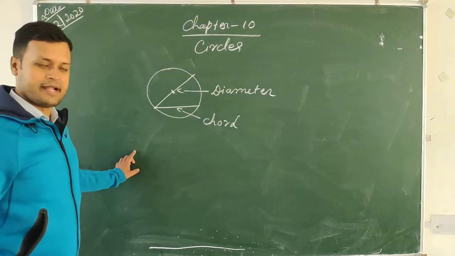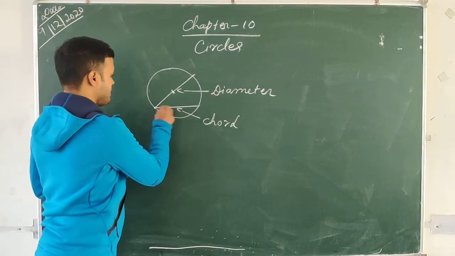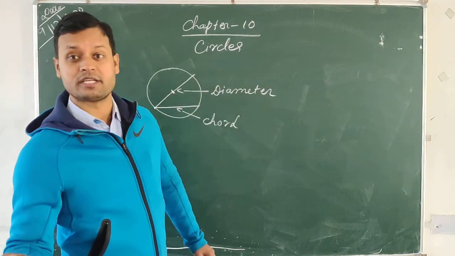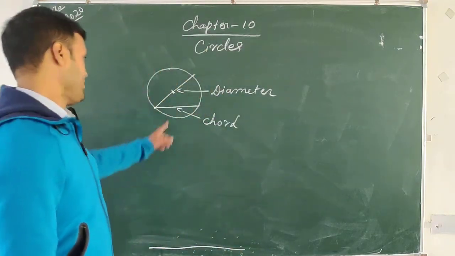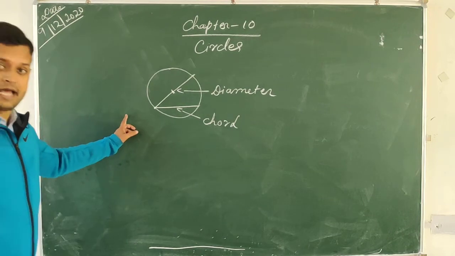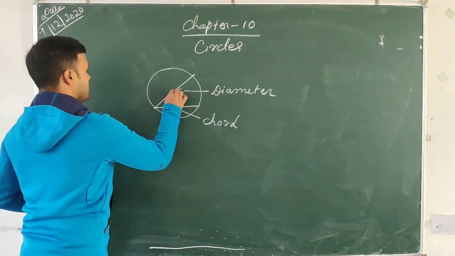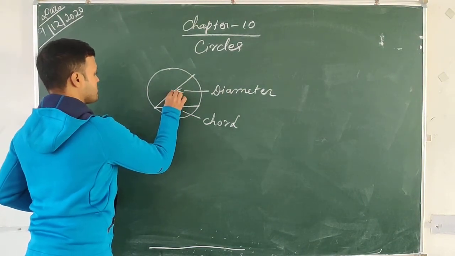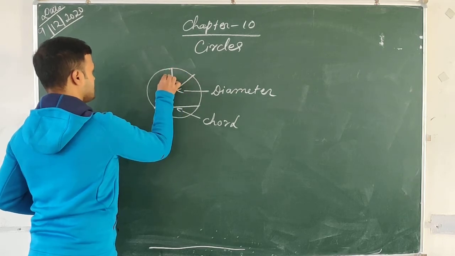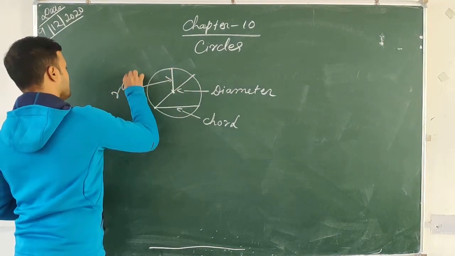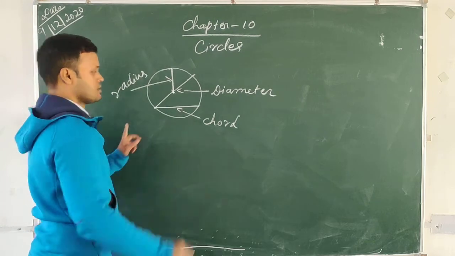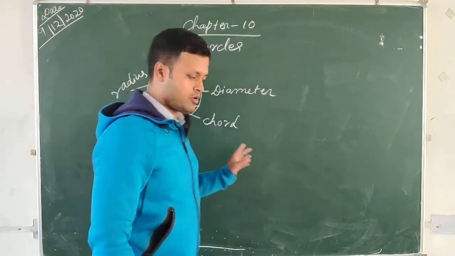Any line segment that touches 2 points on the circumference of the circle is called a chord, and the longest chord is called the diameter. And if a line segment is drawn from the center of the circle to the circumference, this will be called the radius, isn't it?